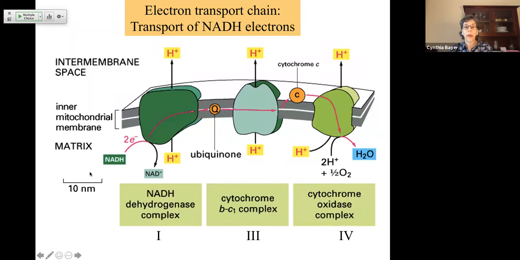And remember, as those electrons are being passed, the acceptance, the reduction, and then oxidation of the electron acceptors within these complexes result in the movement of protons across the membrane from the matrix side, pumped over to the other compartment, the intermembrane space.